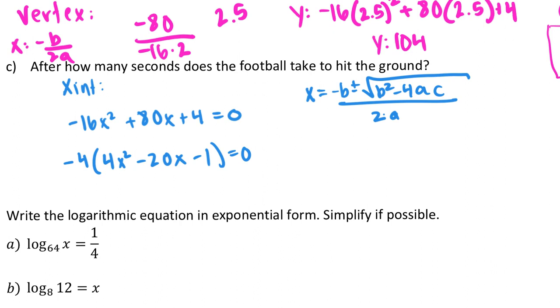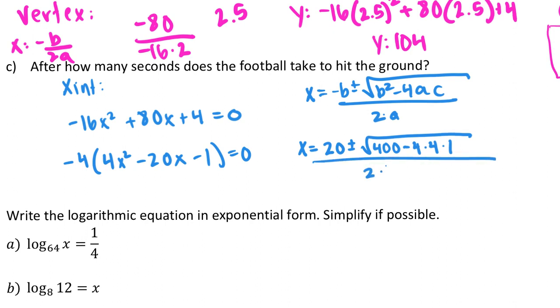I'll double check and let you know in class, but this one isn't, or maybe I'm wrong and I'm just not seeing it. We're going to go negative b plus or minus the square root of b squared minus 4 times a times c all over 2 times our a.